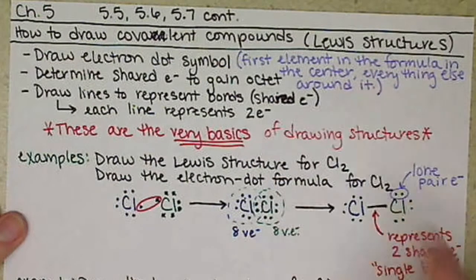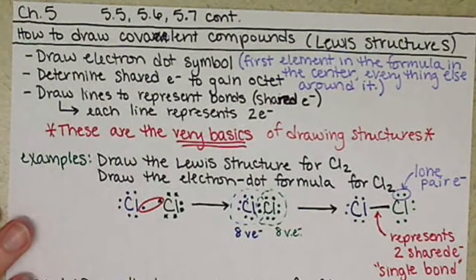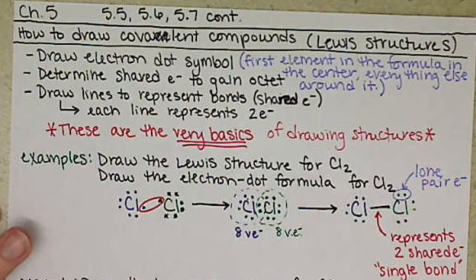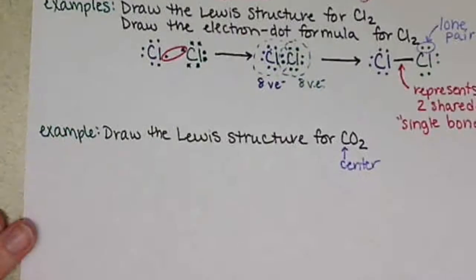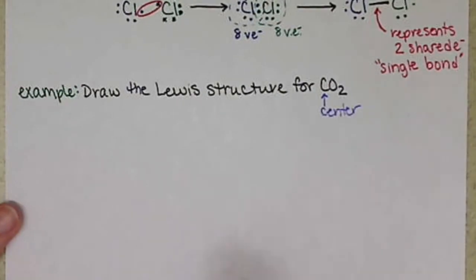The only exception to this is hydrogen. Hydrogen's a bully. It just likes to be at the beginning of the formula. Just ignore it and go to the next element. We'll see an example of that next.